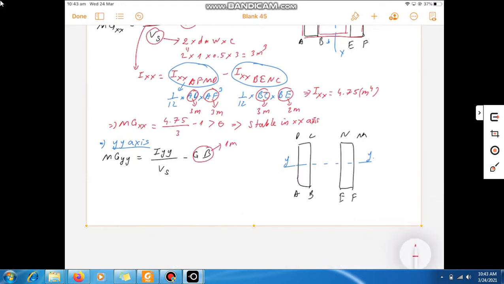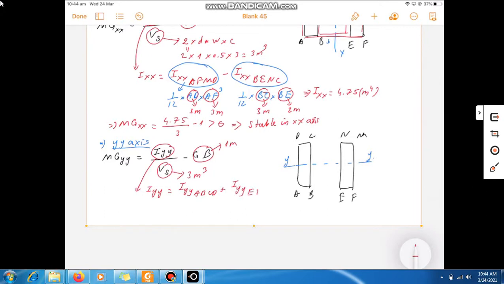We have this one is ABCD, and EFMN, and the YY axis is here. This one is YY. Okay, and similar to the XX case, ZB is the same, 1 meter. The distance between the center of gravity and the centroid of the submerged volume is constant, ZB, 1 meter. VS, the submerged volume, is the same, 3 meter cube. So we only have to find IYY.